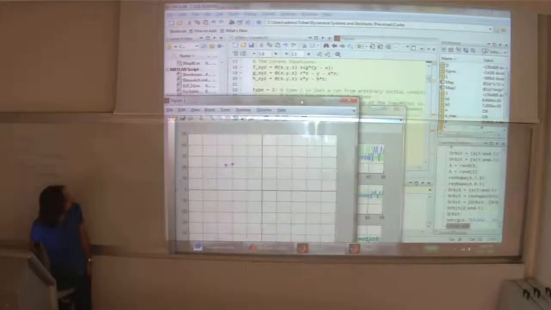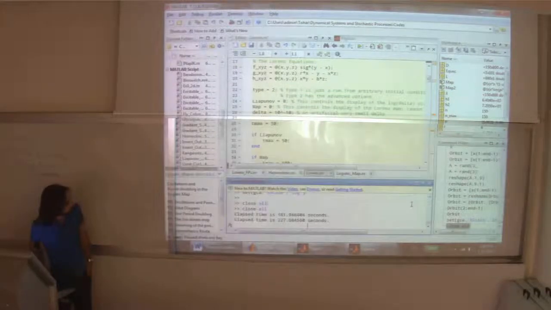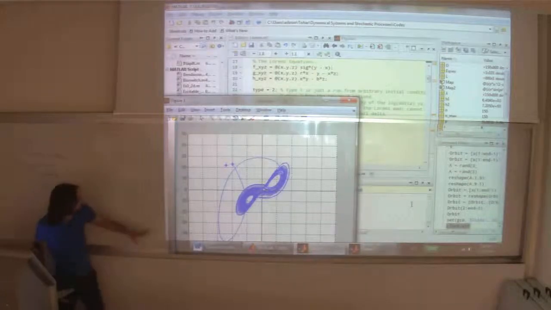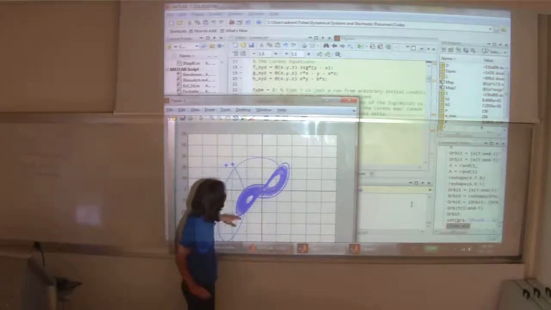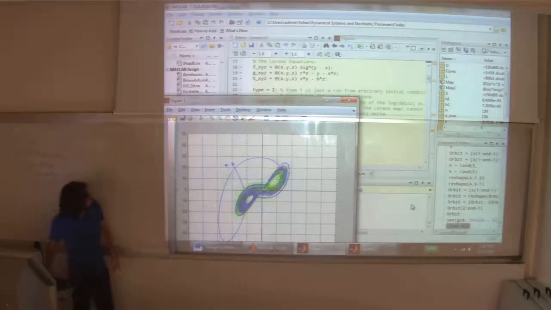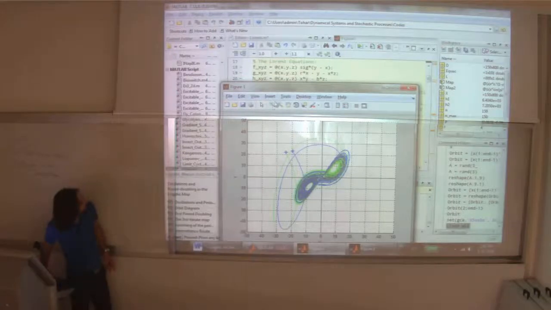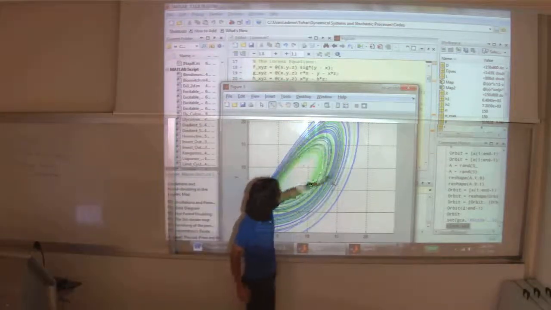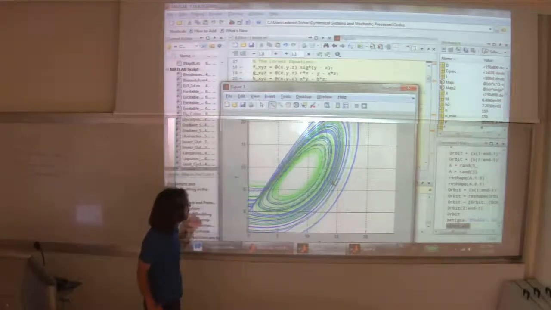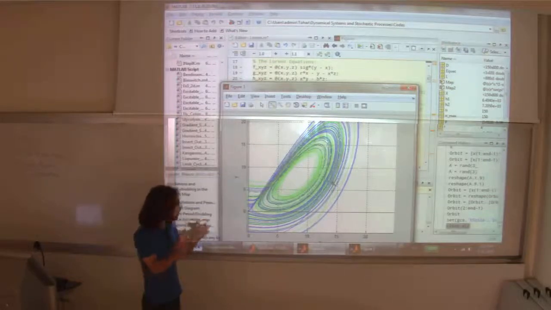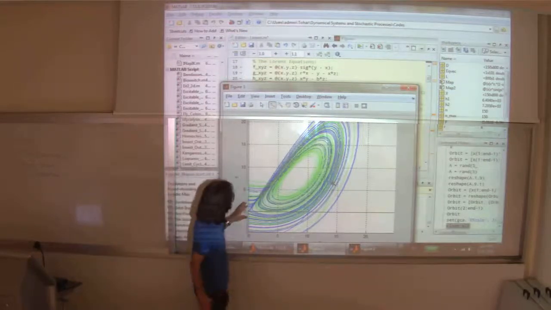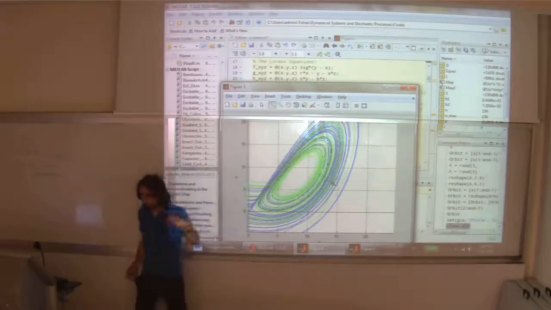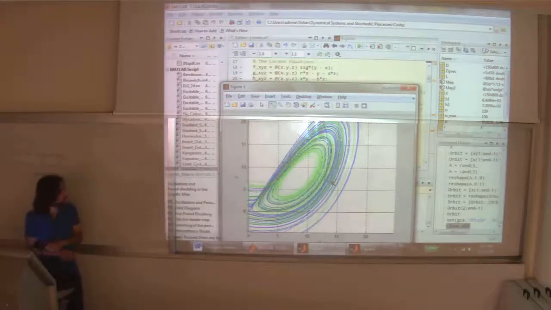different. And I think this is a trajectory from the first one, and this is from the second. So you can see that it looks like they are occupying a similar set or a subset of the 3D space, but they don't repeat each other. So they are basically lying on the same strange attractor, but they don't cross each other.